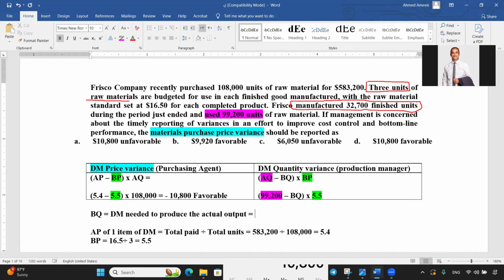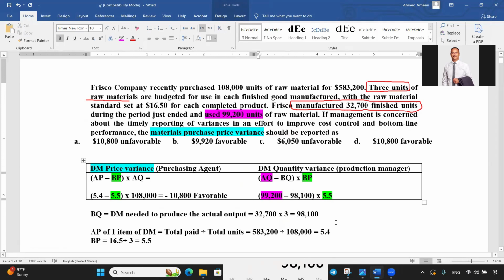So actual output is 32,700. This is not direct material quantity. 32,700 is the actual quantity of the outputs. Each one of them needs 3 direct material units. So the budgeted quantity will be equal to 32,700 multiplied by 3, which is equal to 98,100.